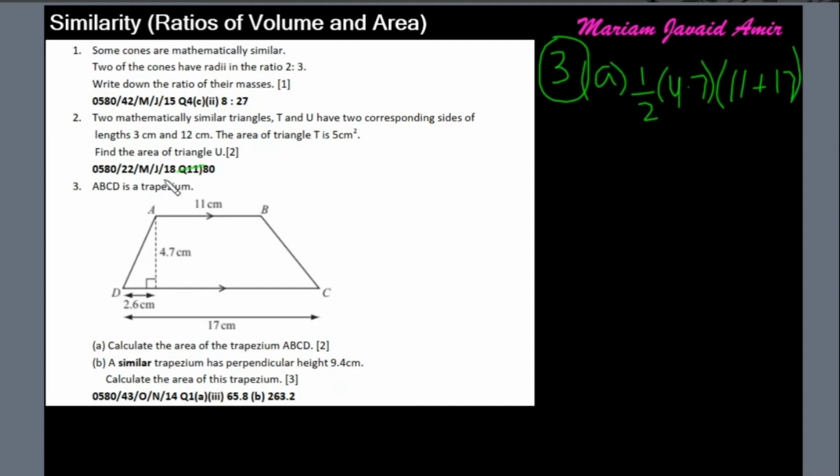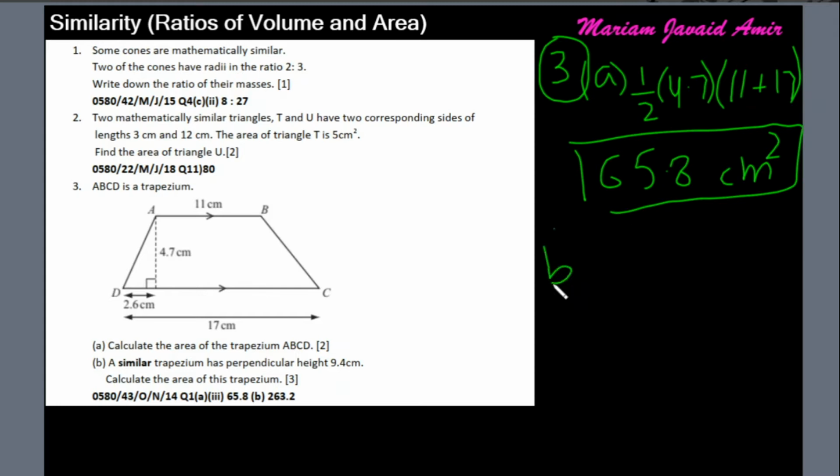Sum of the parallel sides, 11 and 17. Okay, so this would give me 0.5 times 4.7 times bracket 11 plus 17. This is giving me 65.8 centimeter square. Answer for part A.